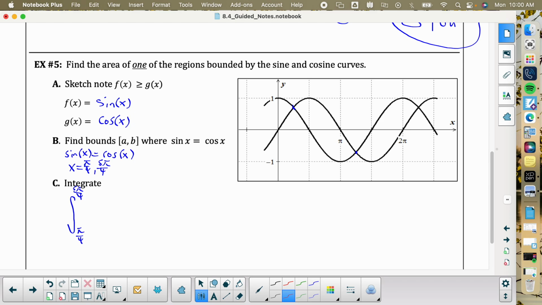Although I'm questioning why I'm even helping you if you're not going to follow along. This is the section we are focused on. The top function is the one that's at the top. So which one? You basically just have to figure out if it's sine or cosine on the top. It's going to be sine because sine goes through 0, 0. So integral of sine.